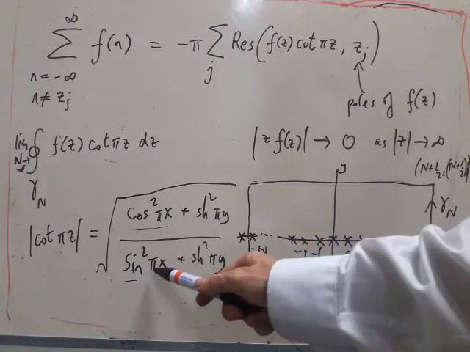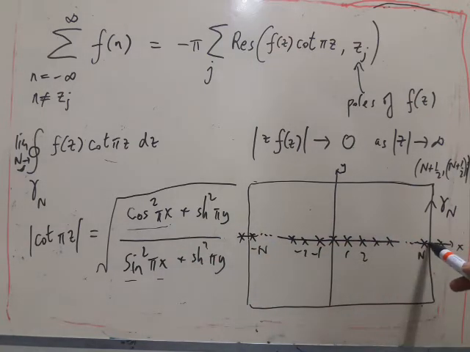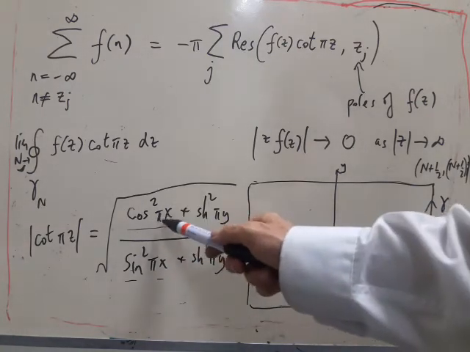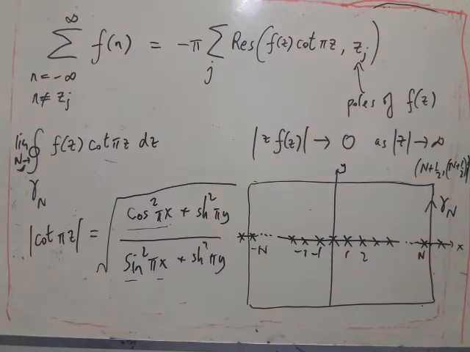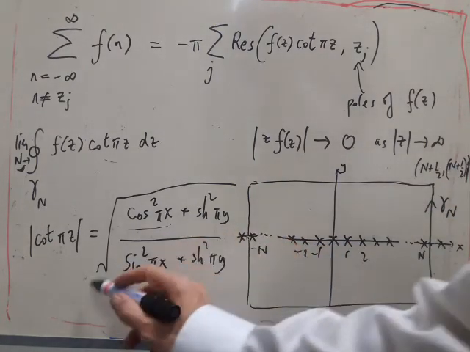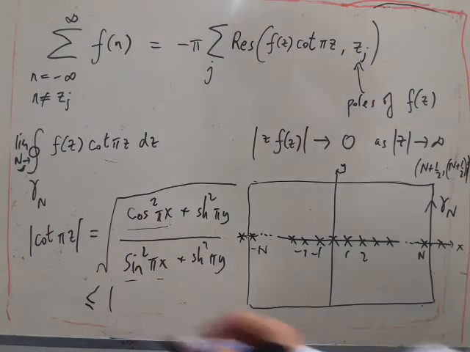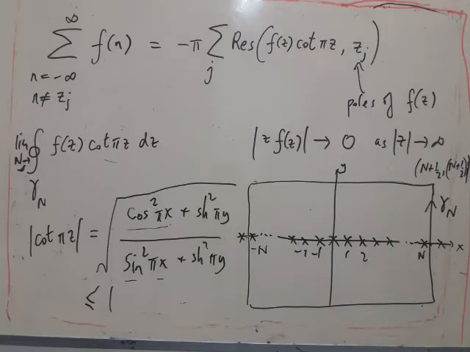Well, sine squared is going to be 1 along here, so this will always end up being modulus less than 1, and the same here. Okay, so whatever happens, this is going to end up being modulus less than or equal to 1.